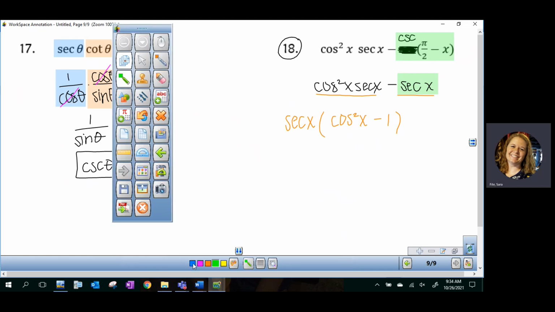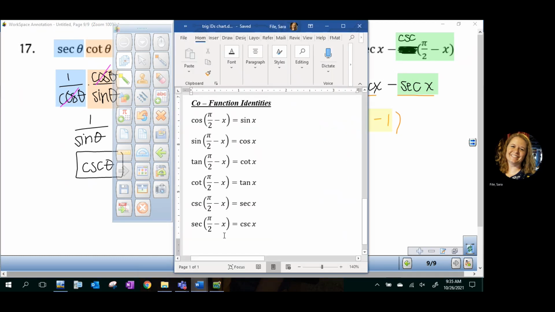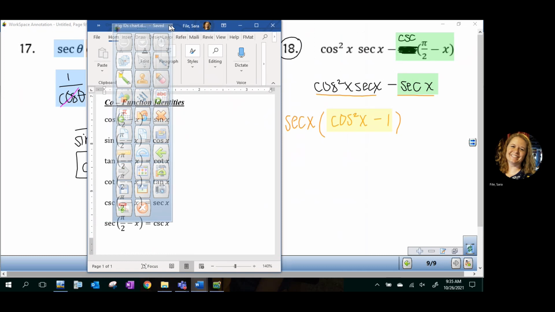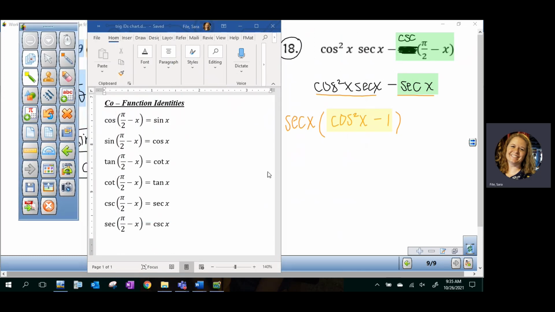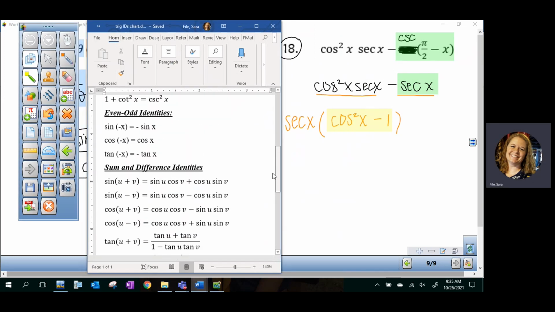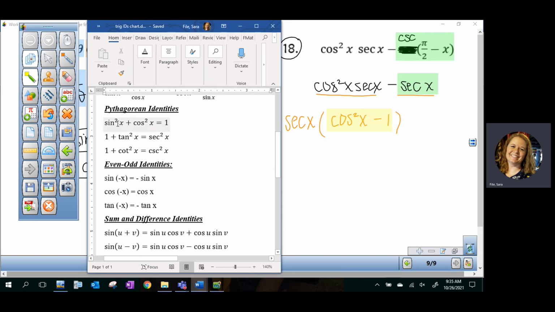Now that is a Pythagorean identity. Cosine squared of x minus 1. What would that be equivalent to? Let's look at our identity. Okay, so the Pythagorean identity here is sine squared plus cosine squared equals 1.